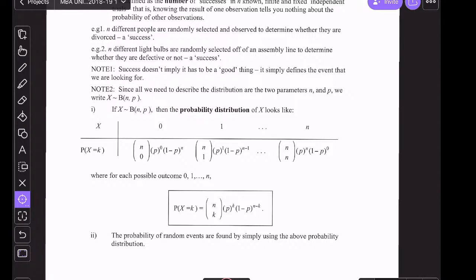And here's the pattern for the probability. The pattern, you see, the 0 is here, 0 is here, 1 is here, 1 is here, n is here, n is here. There's a pattern. And I want to describe where that pattern comes from. And then it's going to be easy for you to use and apply this distribution.